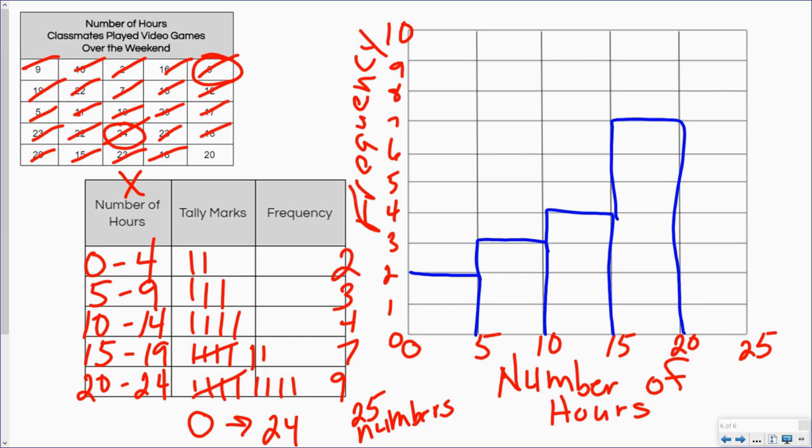And 20 to 24 was 9. So there is my histogram for number of hours classmates played video games over the weekend.